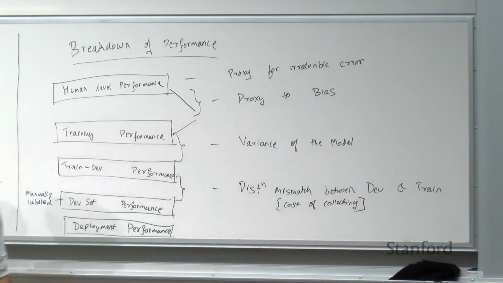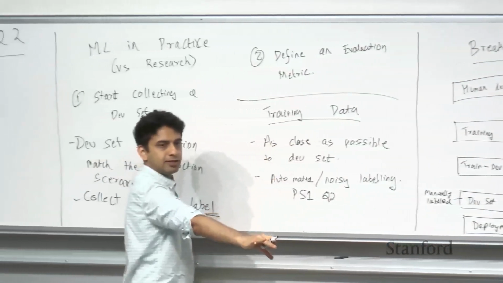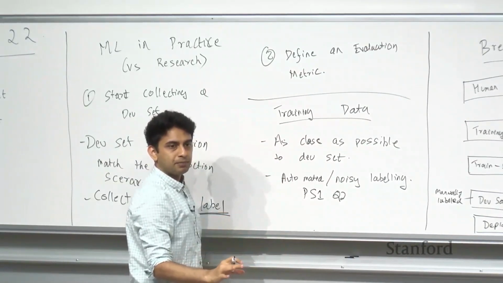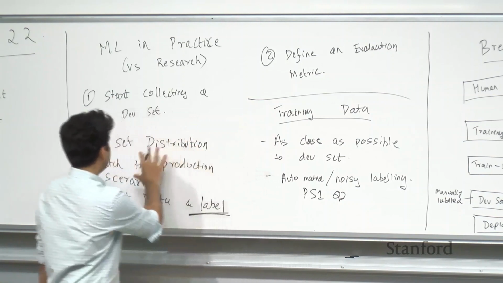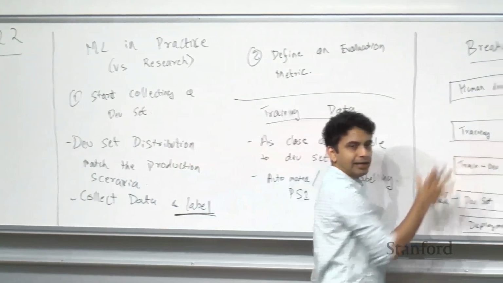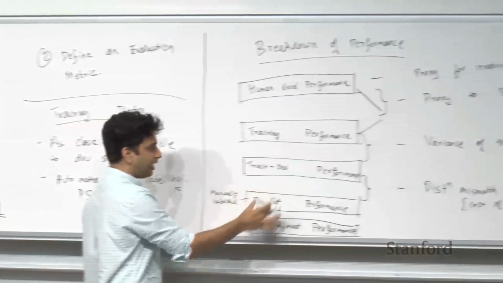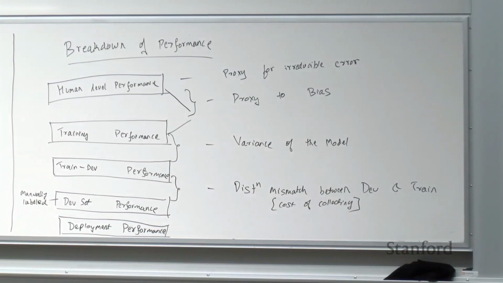This question: what is train dev? The train dev is a fraction of the training data that you obtain, that you hold out as a train dev set. Why call it dev? Because we're calling the other one dev, so we just call it train dev. It's just a fraction of the training data that you have, which is distinct from the dev set, which you manually collected and labeled. But that train dev is going to be used somewhat like a validation set, right?